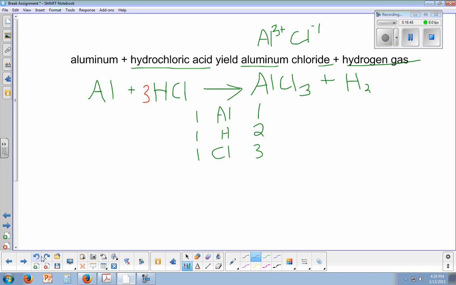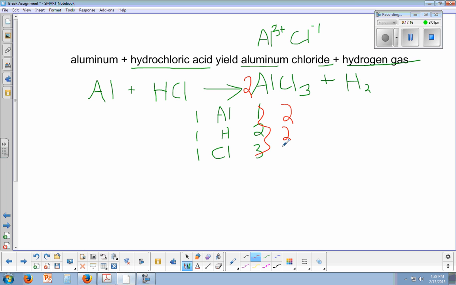So this one's a little bit more involved. You have to think, what can I make that and have hydrogen and chlorine both be able to be balanced? So it's going to wind up being 6. In order to make my chlorines 6, I'm going to need to put a 2 here and a 6 here. So I'll start by putting my 2 over here, and that's going to give me 2.